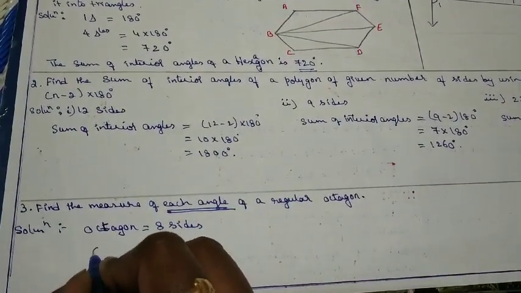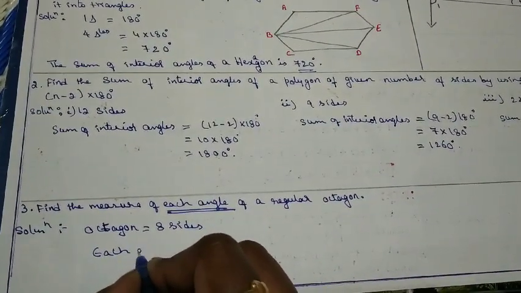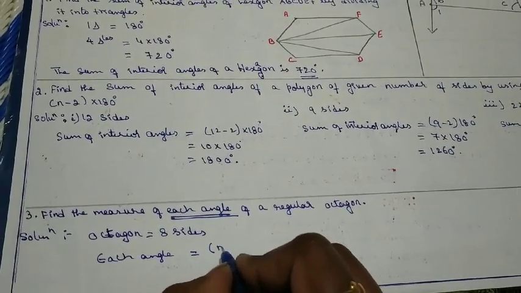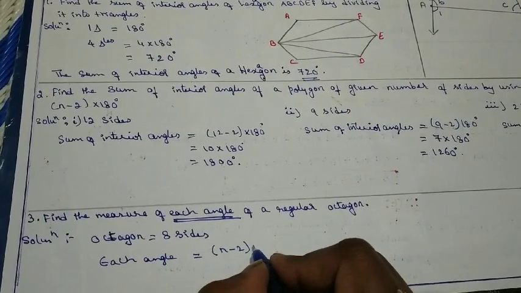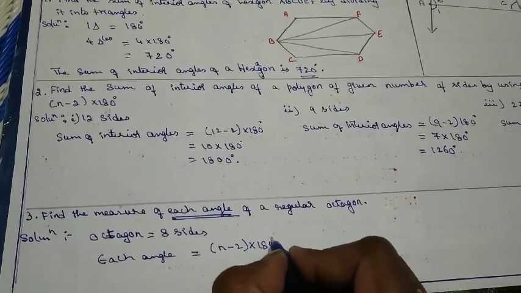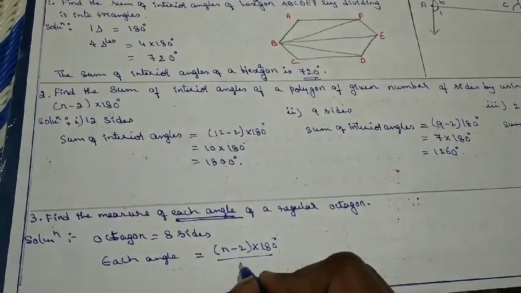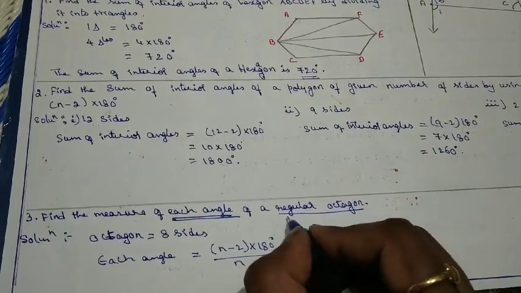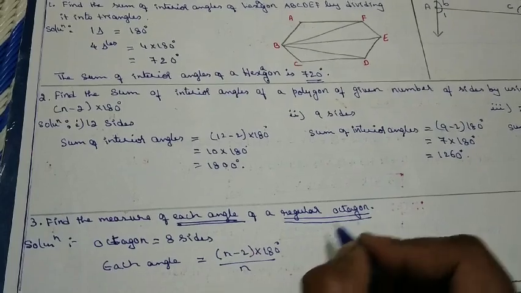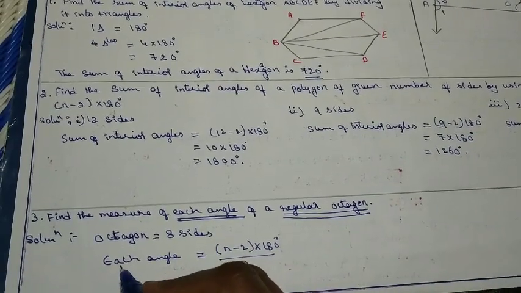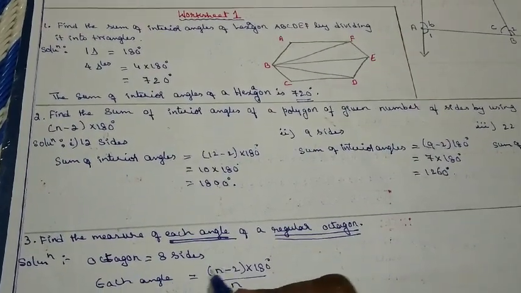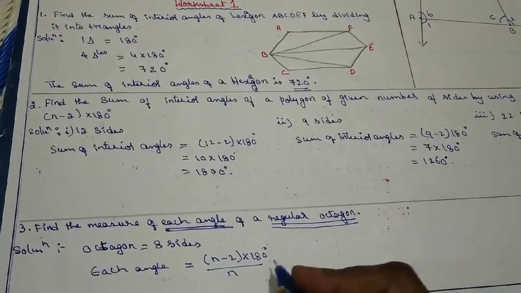So, the measure of each angle: each angle is equal to (n minus 2) into 180 degrees divided by n. What kind of polygon is it? A regular polygon. For a regular polygon we have a formula for each angle, right? That is (n minus 2) into 180 degrees divided by n.